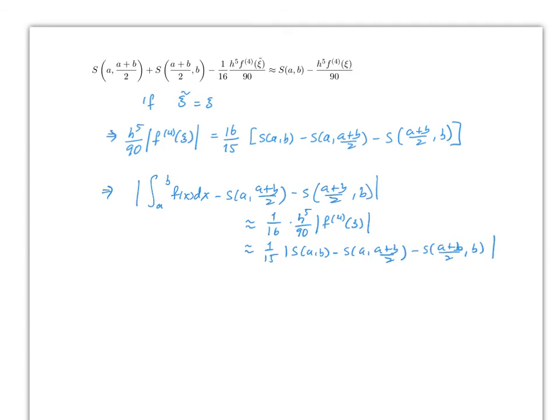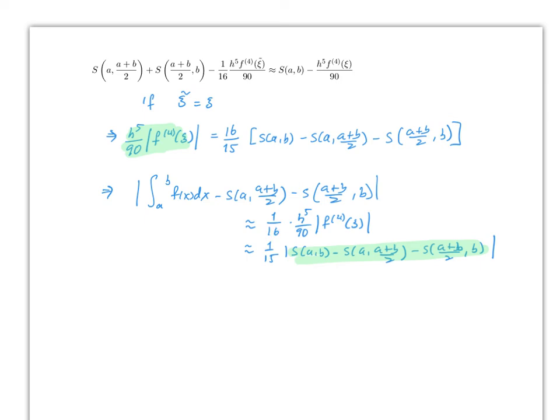How? Well, remember that this is equal to all of this. And clearly you can see that this 16 will cancel with this one right here.